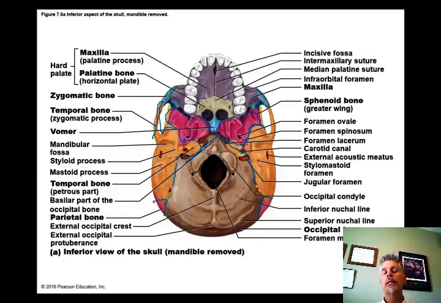Now, when we're learning the bones, we learn the name of the bone, and then we learn any bony markings associated with it. Parietal bones were easy. Frontal bones had a couple things. But as we get to some of these other bones, like you see the occipital bones and the temporal bones and the sphenoid bone, these bones have more holes and bumps and ridges, etc. So we've got to pay attention to those.